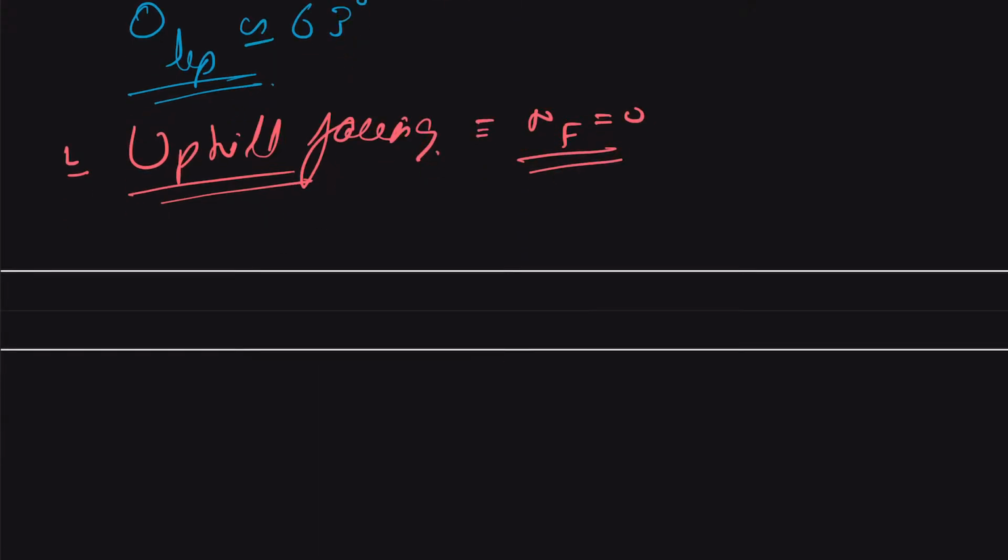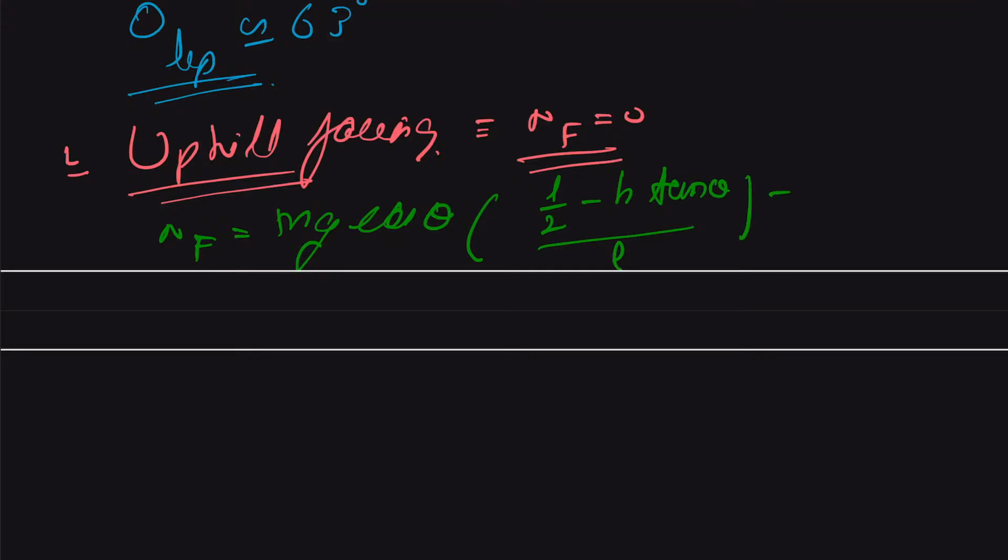So we can say that our NF, which is equal to mg cos of theta times L by 2 minus H tangent of theta divided by L, will obviously be equal to 0.